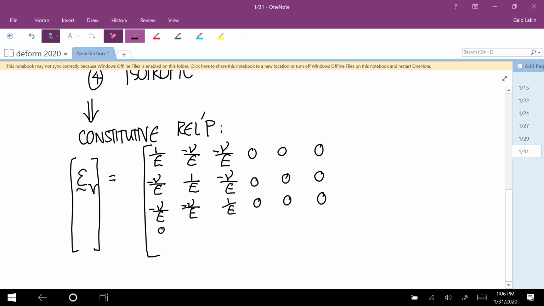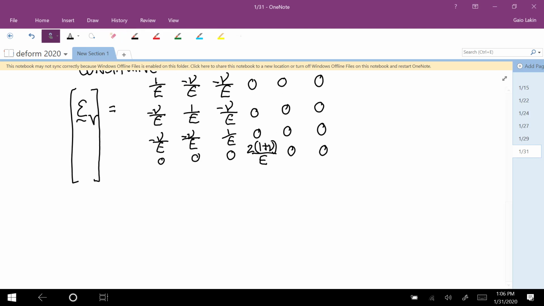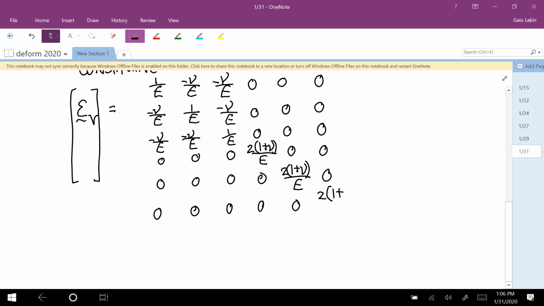And for the last 3 rows, the thing that moves along is just 2 times the quantity 1 plus nu over E. And you multiply that by the Voigt stress.